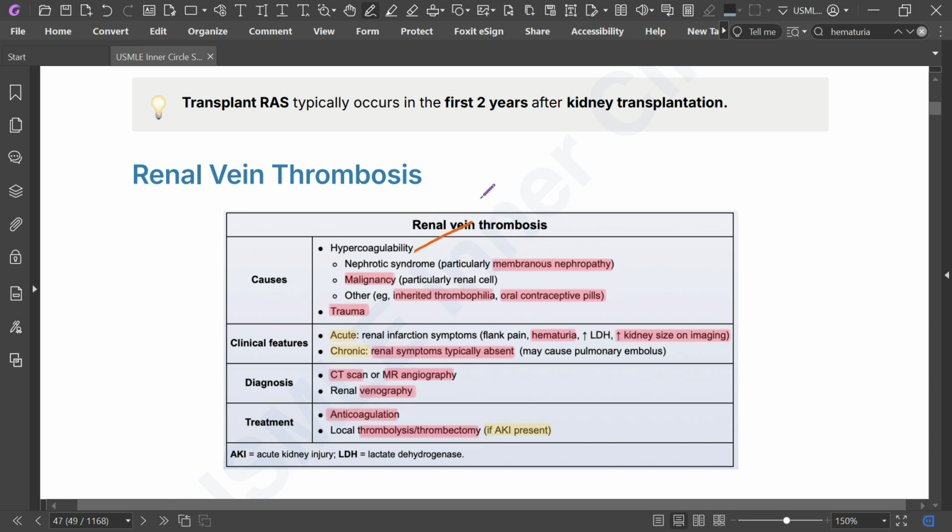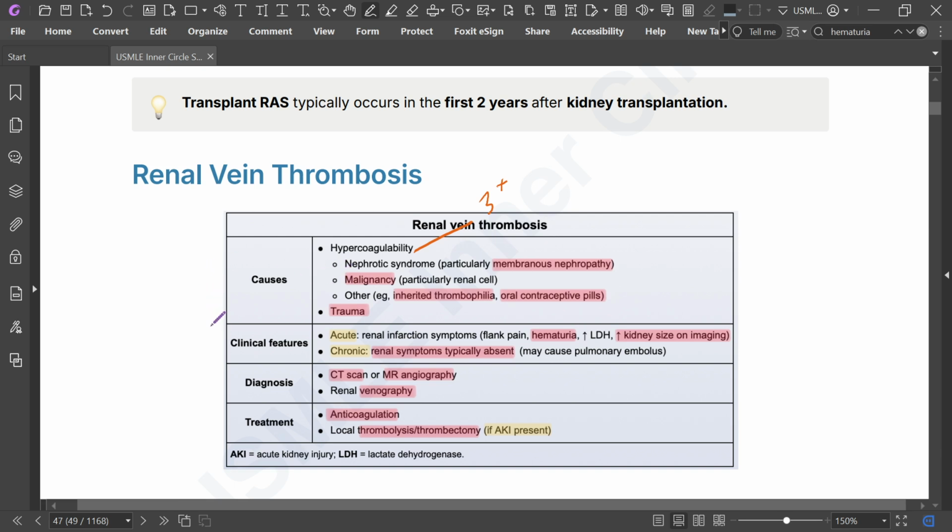We know that in nephrotic syndrome, there is 3 plus protein without hypertension, massive proteinuria, and edema, particularly in membranous nephropathy. It may be due to malignancy, especially renal cell carcinoma. Other causes include inherited thrombophilia and OCP use. It also happens due to trauma. So: hypercoagulability and trauma.